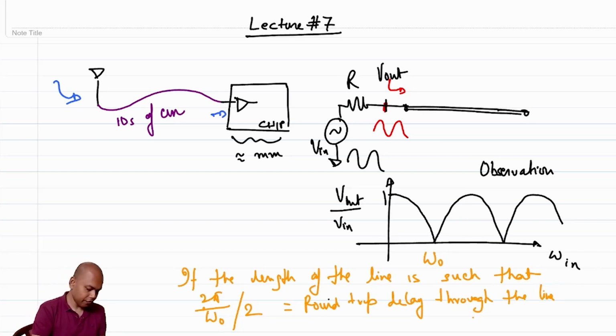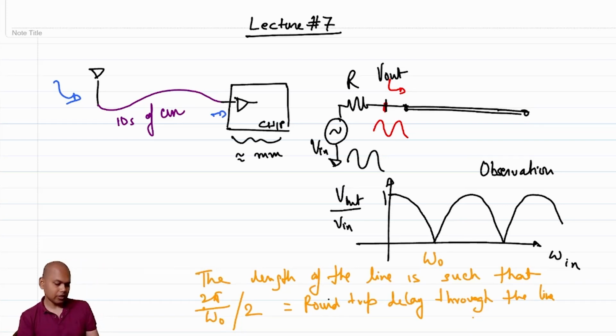The way I have drawn it, it's basically saying that the length of the line is such that half the time period is equal to the round trip delay through the line, right?